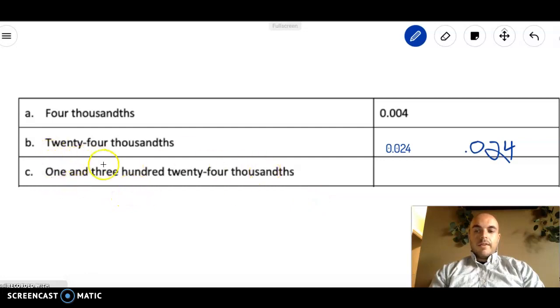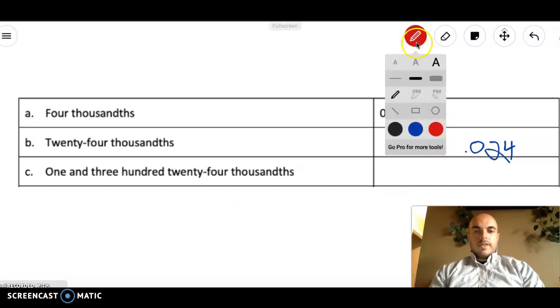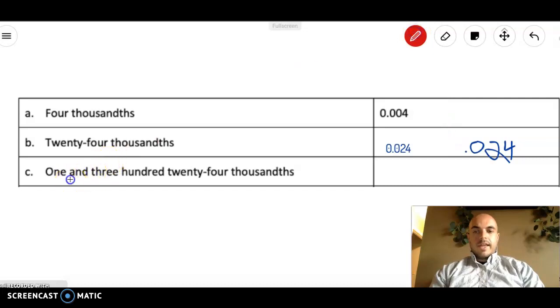So it's 1 and 324 thousandths. Okay, 1 and 324 thousandths. So the key thing here to notice is that this "and" is right here. This "and" tells me that there's a decimal right there.